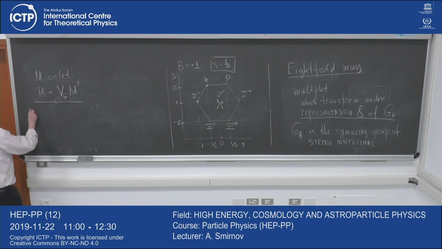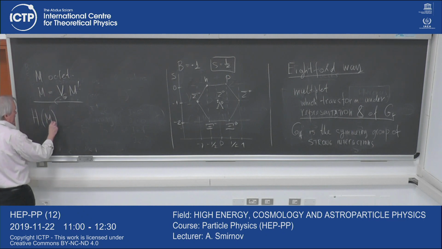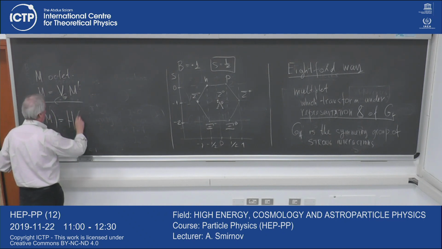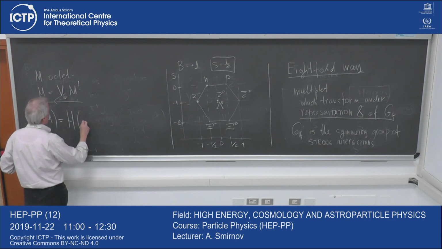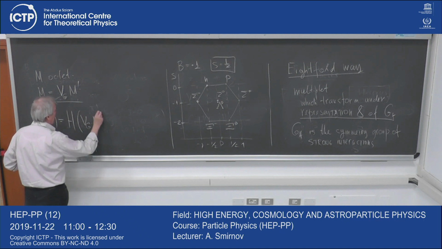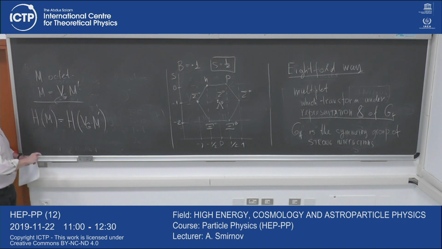So then we say that our Hamiltonian, which is a functional of the octet and maybe some other fields, can be written in terms of these transformed fields. And so I'm writing here V_G times M. So this is just an identical transformation. So instead of M, according to this relation, I have the Hamiltonian in terms of M prime.